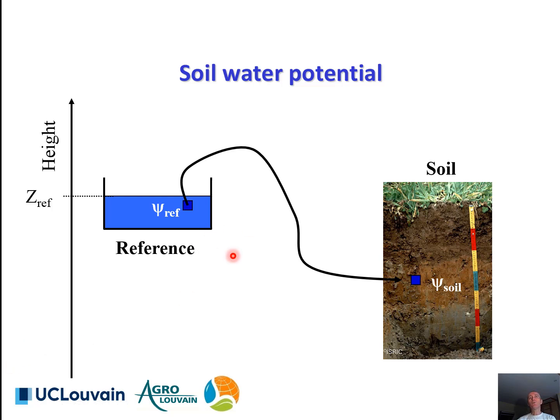This reference position could be a small and pure water reservoir situated at the level of the soil surface and subjected to a reference atmospheric pressure. If we want to transport the water from a given position in the soil to the reference position, it will consume energy, because water in the soil is subjected to many forces that eventually allow maintaining the water particle at a given position in the soil.